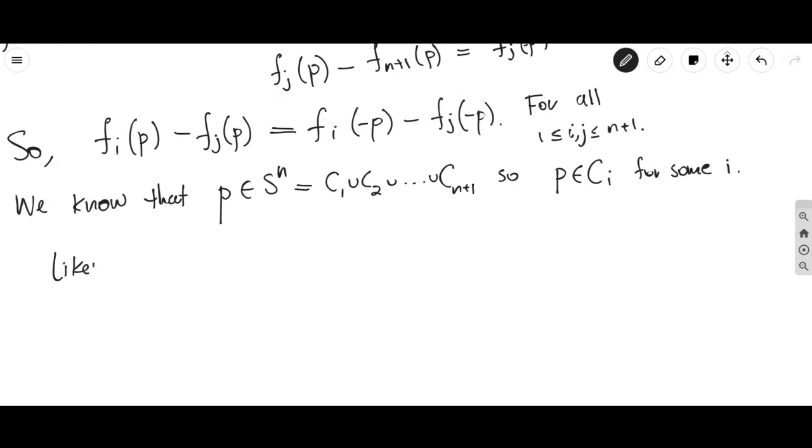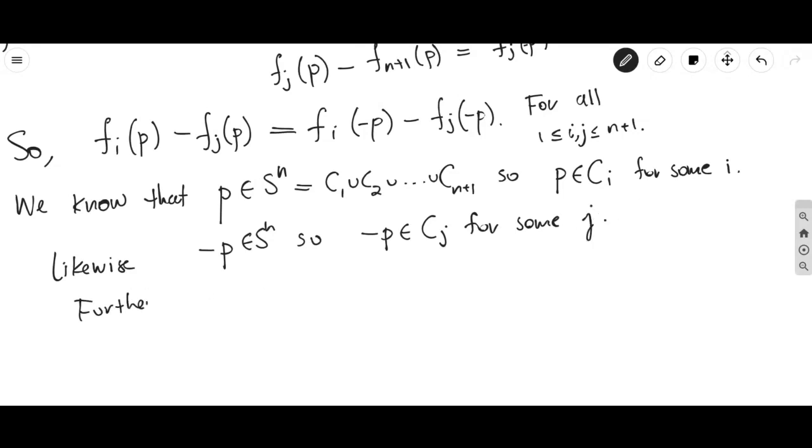Likewise, minus P is on Sn, so minus P belongs to Cj for some j. Furthermore, the two indices i and j must be different. The reason is that we're assuming each of these closed sets never contains antipodal points. So if P belongs to Ci, then negative P does not belong to Ci. So they must come from two different closed sets.